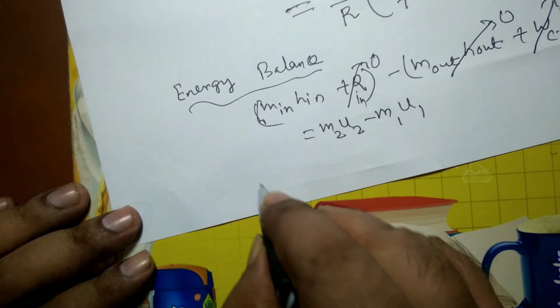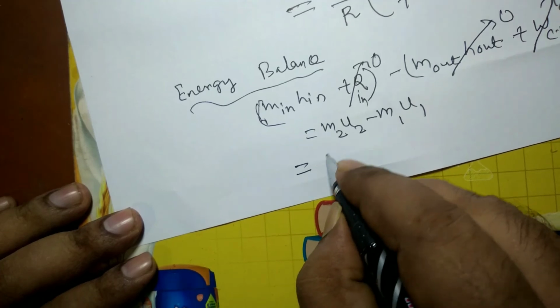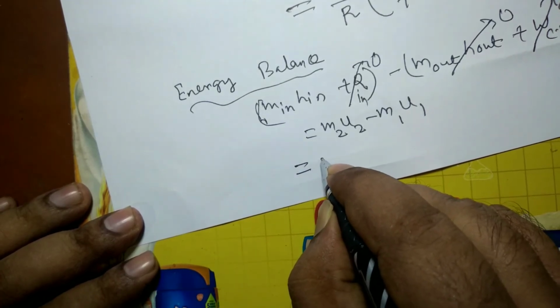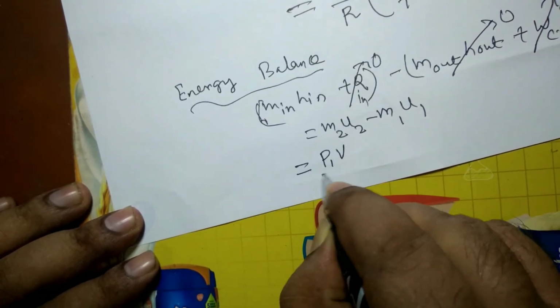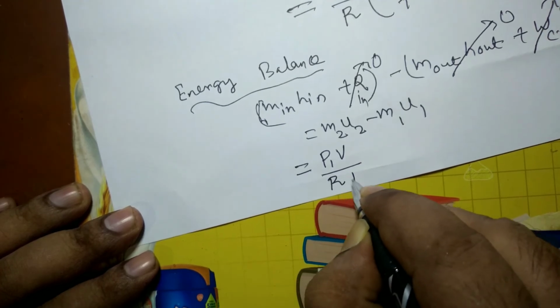So this is equal to, in place of m2 I will write P1V divided by RT.